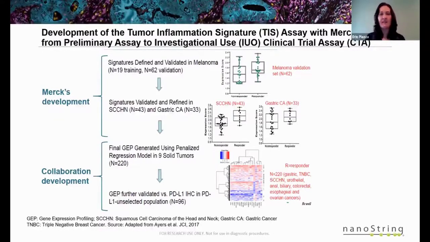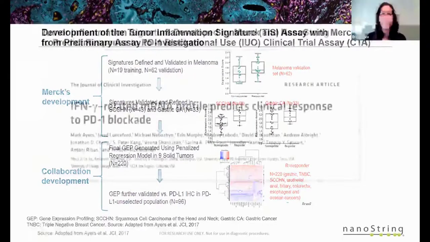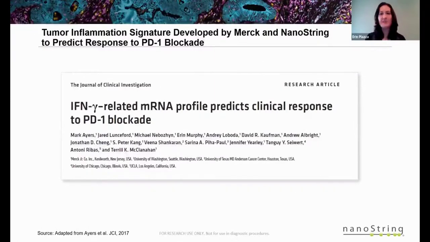And then finally, that gene expression profile was validated versus PD-L1 IC and PD-L1 unselected population. The final 18 gene tumor inflammation signature was published in a paper shown here. It's an excellent read if any of you are interested.